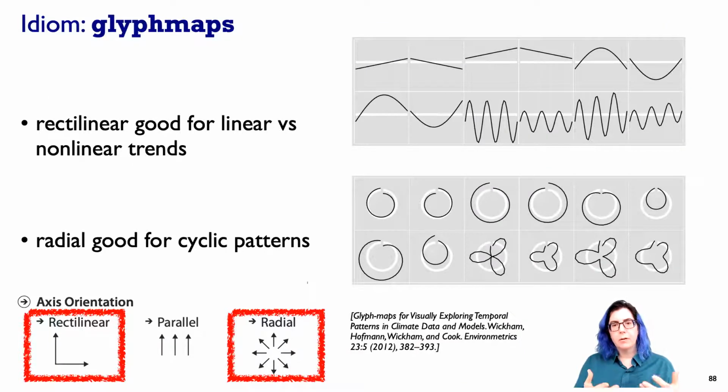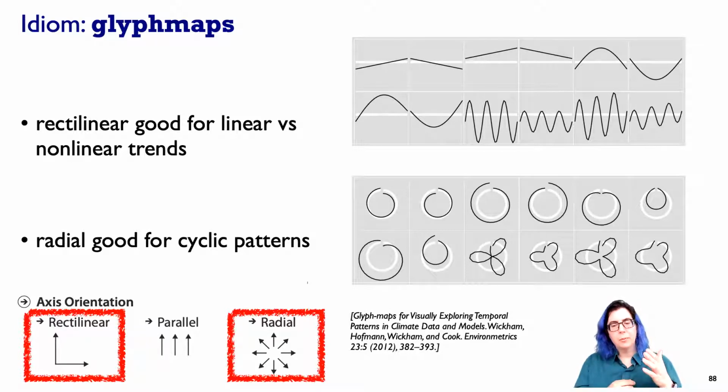Now, I've talked about some of those radial charts as being less accurately perceived. So what are the advantages of radial layouts? Here's an example of glyphmaps, an approach from Hadley Wickham and others. And what we see, interestingly, is on top, we've got the same data, rectilinear on top and radial on the bottom.